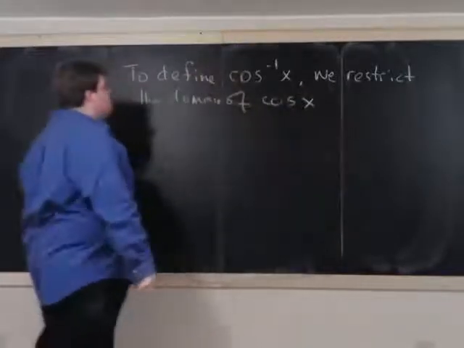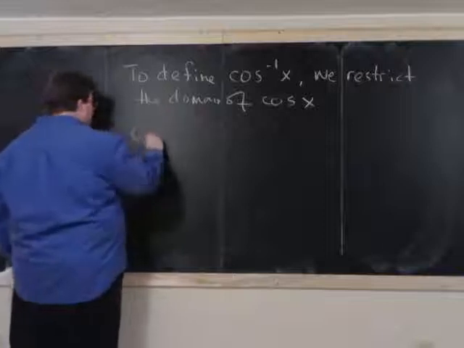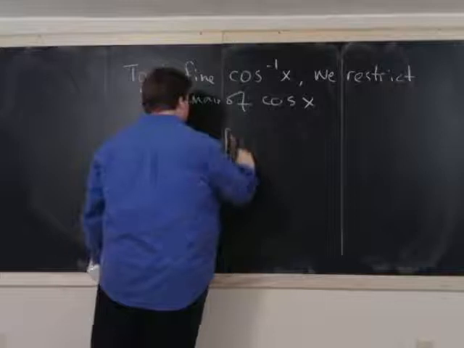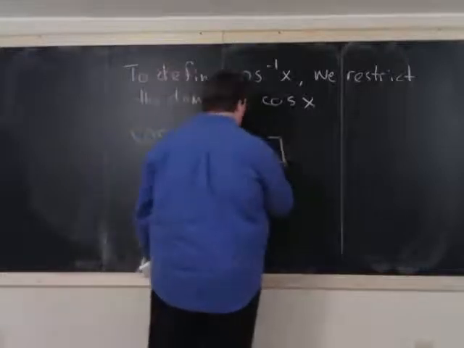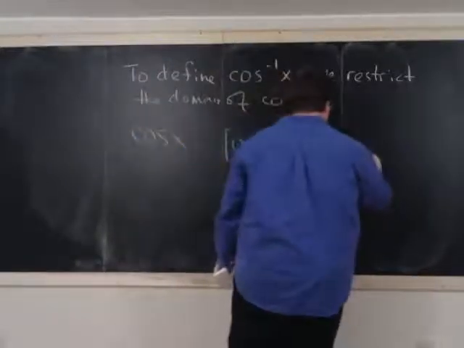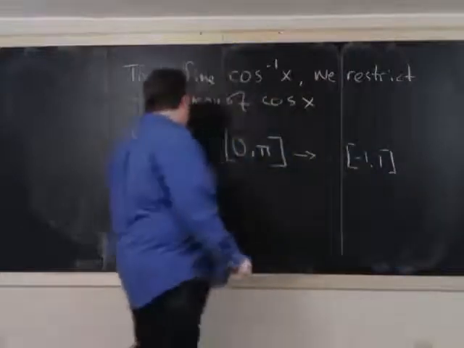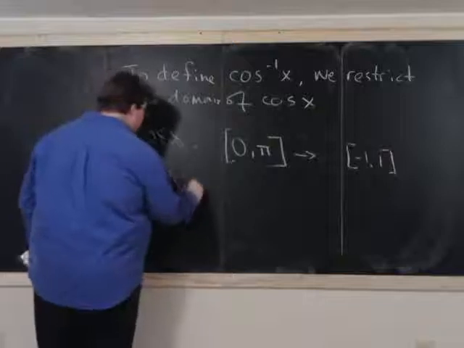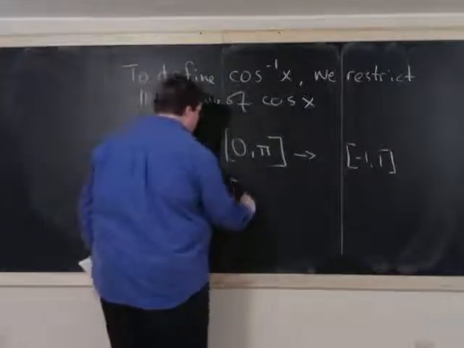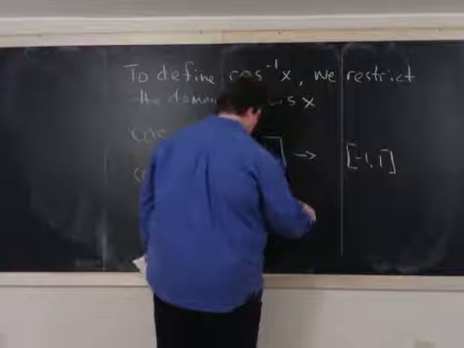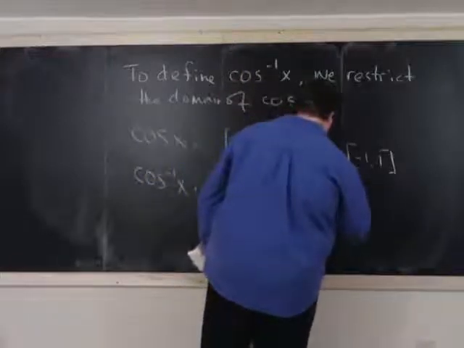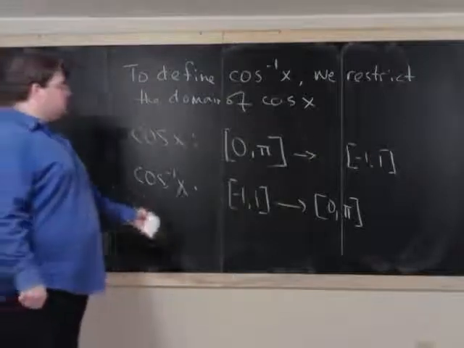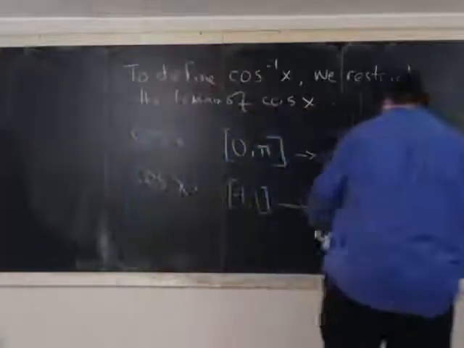Cosine x, we restricted to 0 to pi. And we got as our output -1 to 1 again. And with that, the inverse cosine of x flips these around. It takes numbers as its input and throws out these angles as its output.